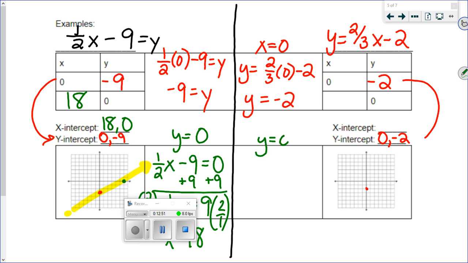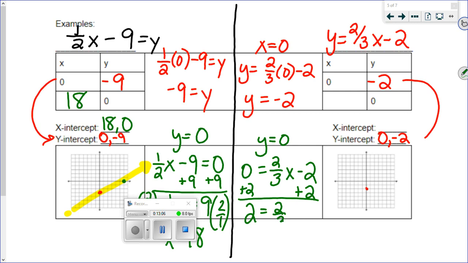We make y equals 0, so 0 equals 2/3 x minus 2. We need to add 2 to both sides to start. So now I have 2 equals 2/3 x. In order to get rid of the fraction, I need to multiply both sides by the reciprocal, 3/2. 3/2 times 2 is 3, and that equals x.